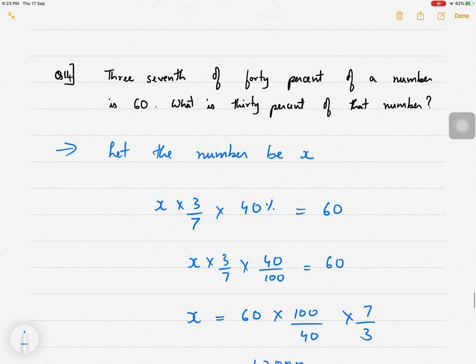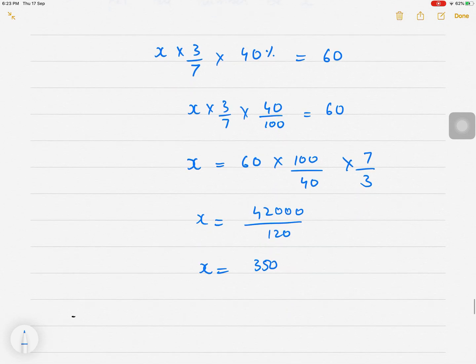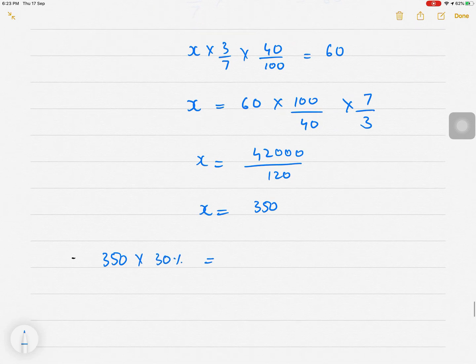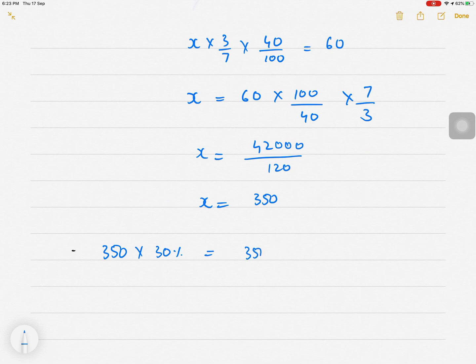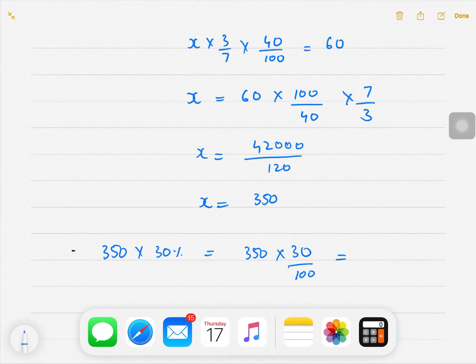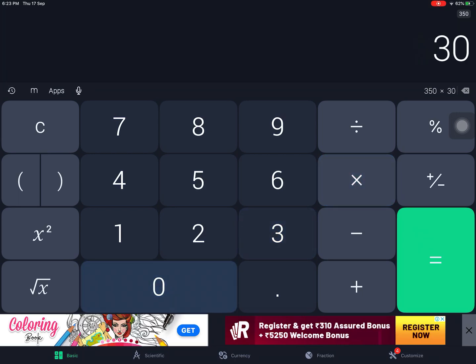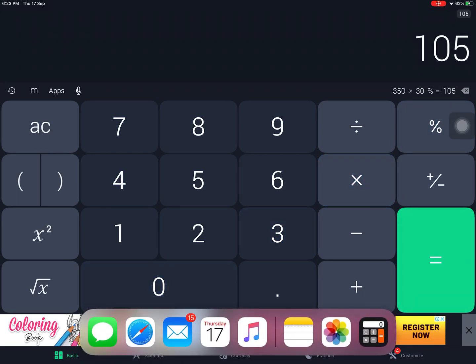But x is not asked. They have asked what is 30% of that number. So 350 into 30%, which is 350 into 30 upon 100. 350 into 30 upon 100 is how much? 350 into 30% is equal to 105.